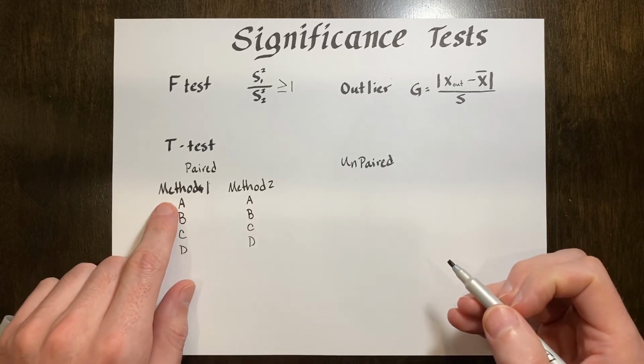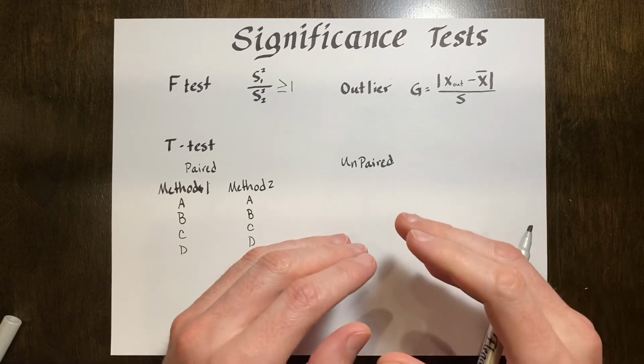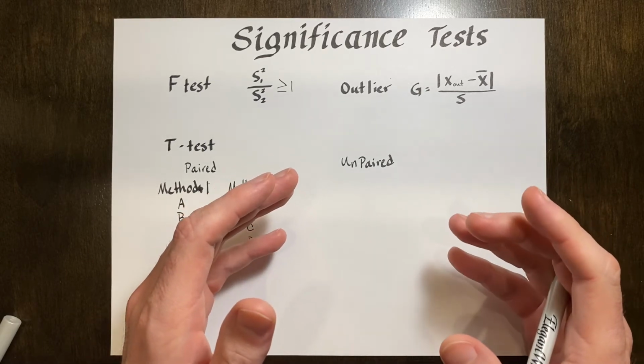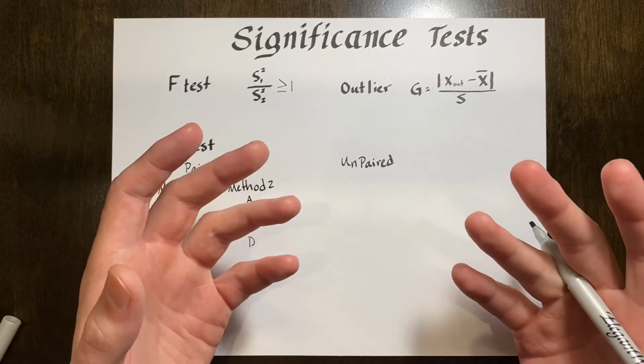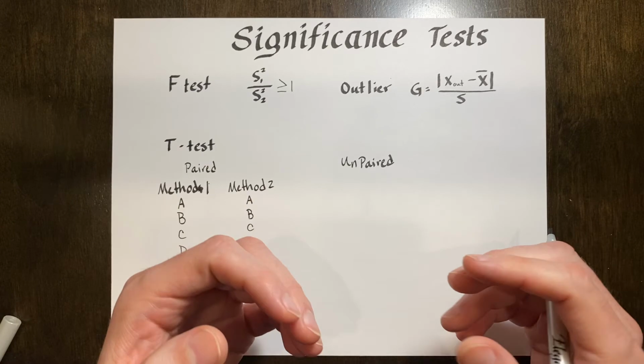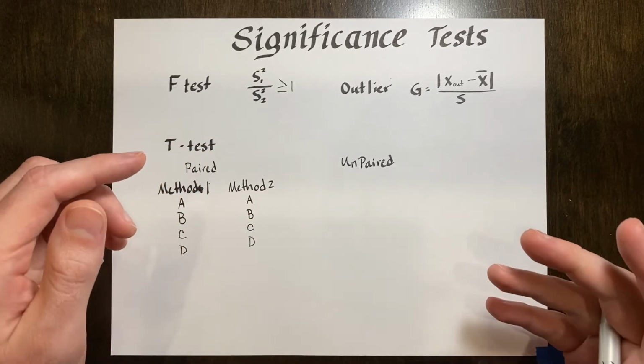Because I'm measuring the same sample in both cases. Over here, I could be measuring vastly different samples, right? And I could be measuring very similar samples. And how those are calculated is different based on whether they have the same variance or not.